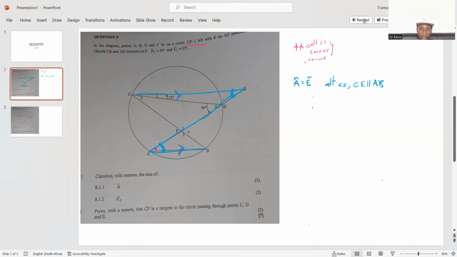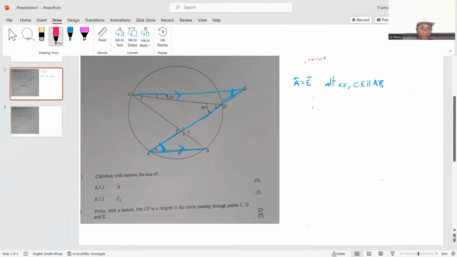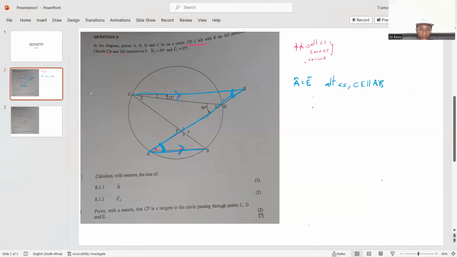So looking at E, there's another condition too. If I'm given a triangle, look at the shape, this shape here. You have to look for these things, right? You look for conditions. CEDF. Look at this angle here. It's an exterior angle. So it's going to be equal to this one plus this one.